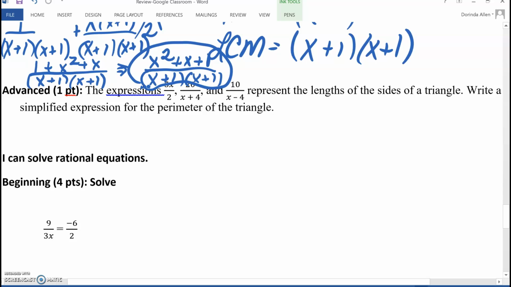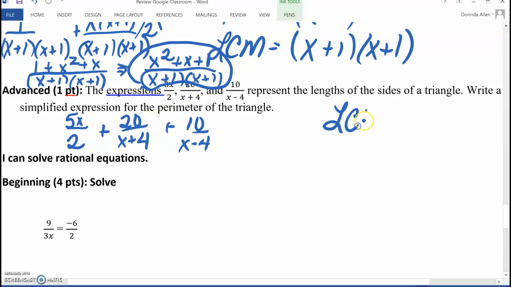Write a simplified expression for the perimeter. So perimeter would be adding 5x over 2 plus 20 over x plus 4 plus 10 over x minus 4. So all these denominators are all prime. So my least common multiple are going to be 2 times x plus 4 times x minus 4.